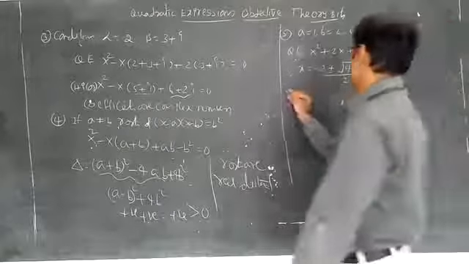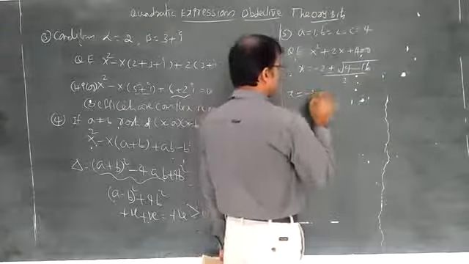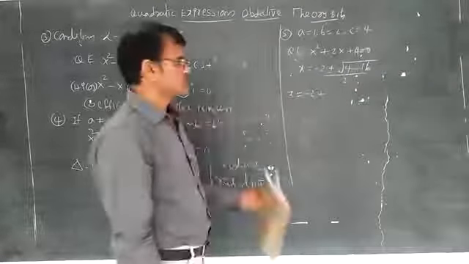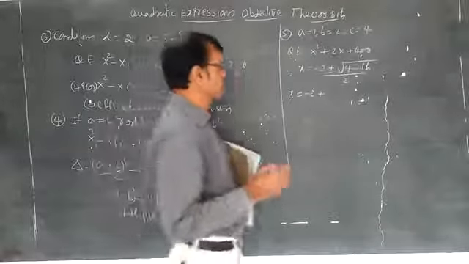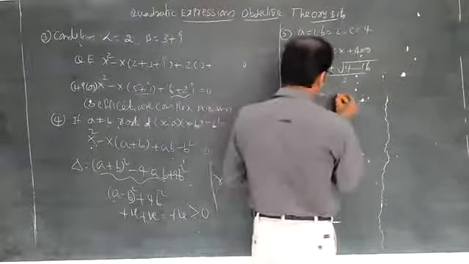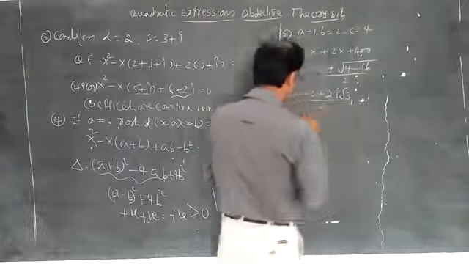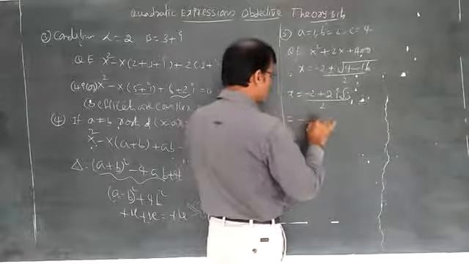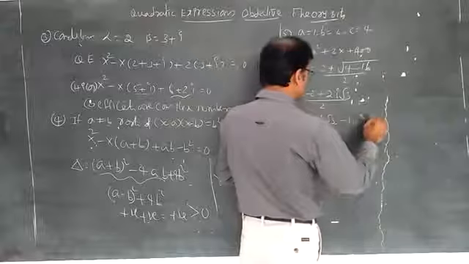You can write this as x is equal to minus 2 plus or minus root of 4 minus 16, which means minus 12, we can consider as 12 i square. So you can write this as 2i root 3. 2i root 3 by 2 gives minus 1 plus i root 3, comma, minus 1 minus i root 3.